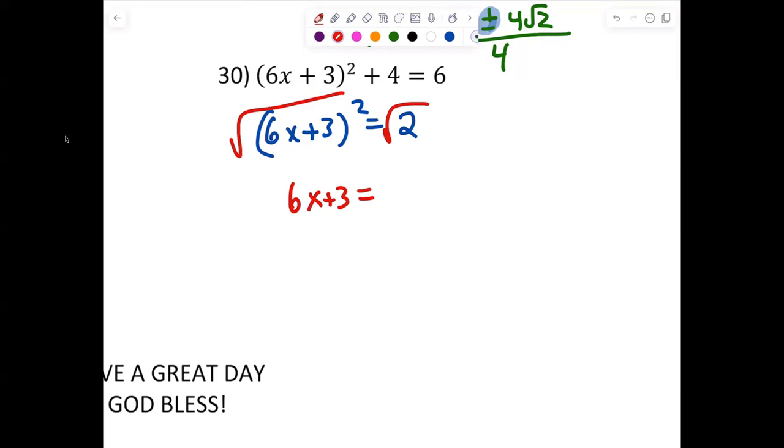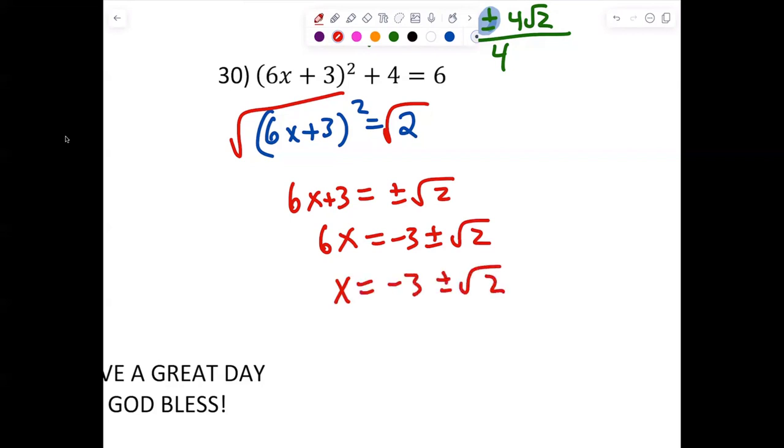Somebody help. 6x plus 3 equals what? Plus or minus radical 2. Thank you. Don't forget the plus or minus. I'm saying it over and over and over. Now what do I have to do? Move the 3. 6x equals negative 3 plus or minus square root of 2. And then finally, what do I do? Divide by 6. So negative 3 plus or minus radical 2 all over 6.